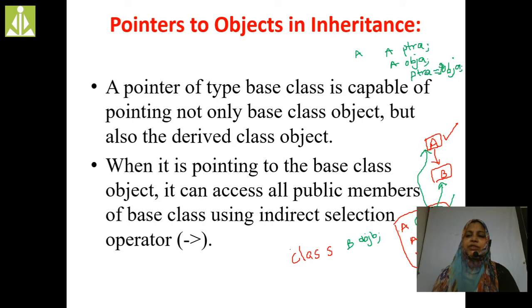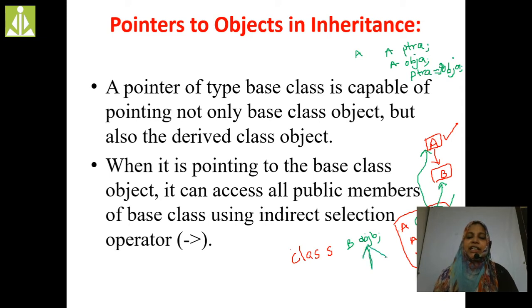But in inheritance, when we use a pointer to an object, if I create the pointer to the base class, this pointer is going to point to the base class object as well as the derived class object.